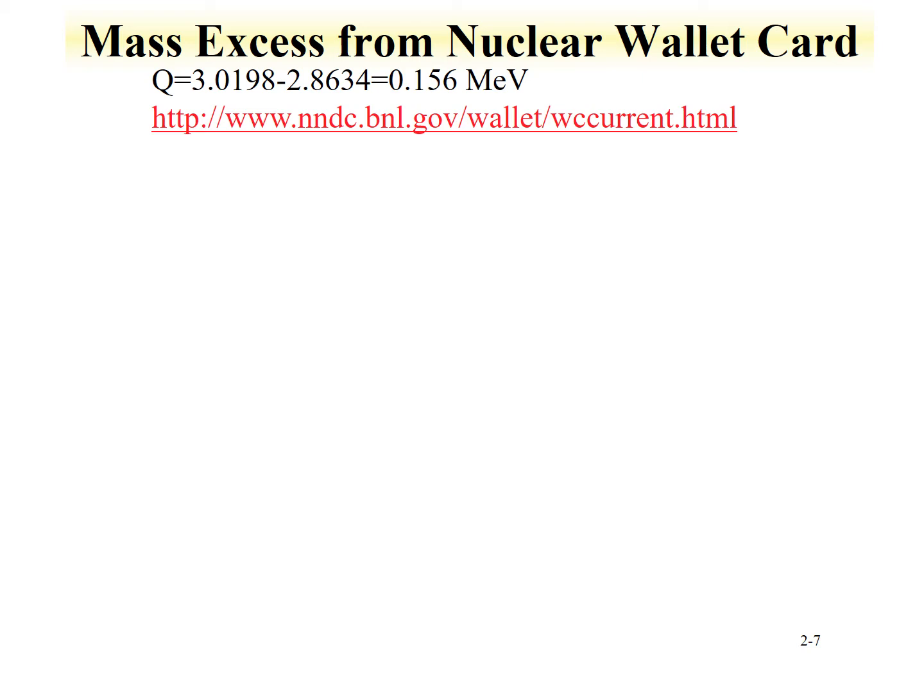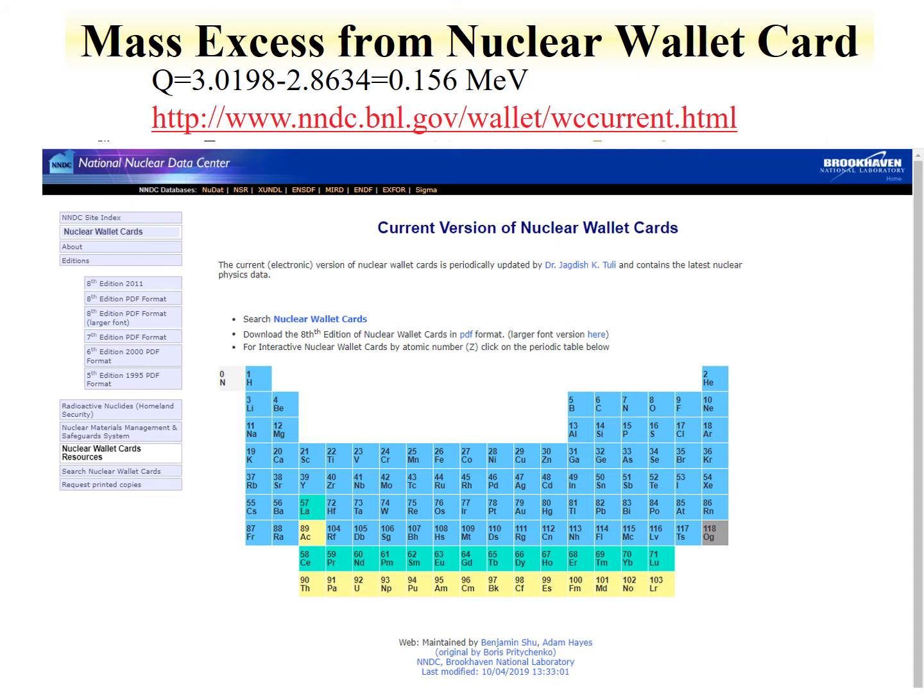I'll show you what that would look like if you were to go to this website. A periodic table would pull up; find carbon and nitrogen as they are shown here, and click on them in series.